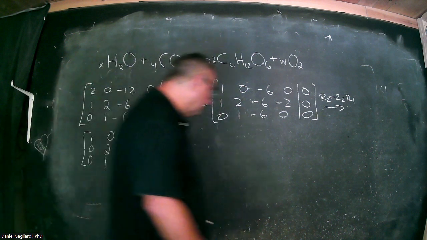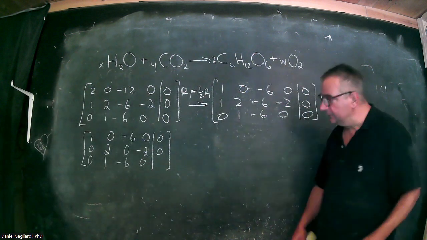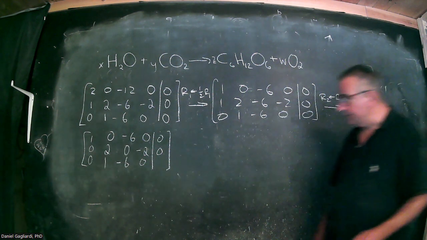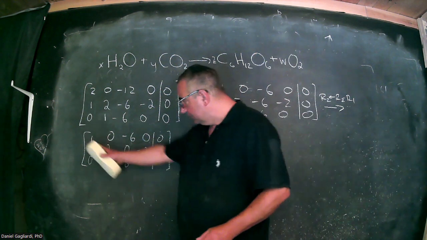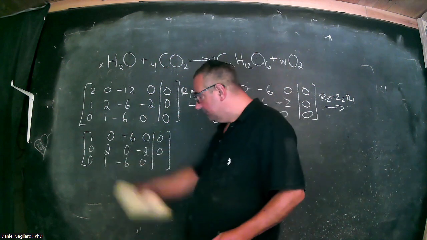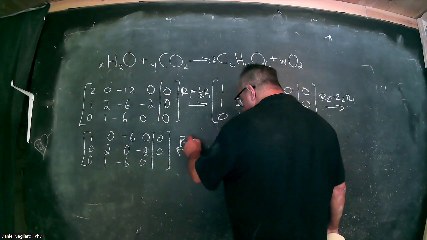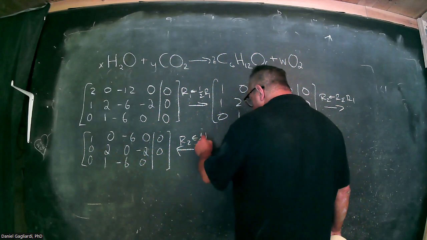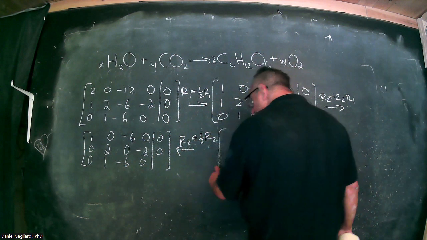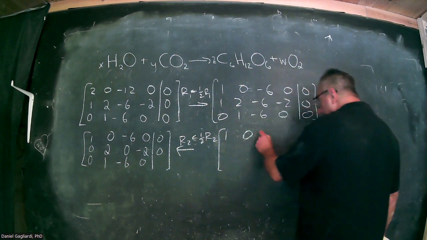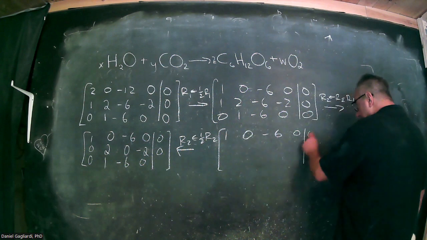All right, so now we want a leading 1 in the next staircase position. So it looks like we can get that by dividing row 2 by 2, right? So row 2 gets replaced with 1/2 row 2. Okay, good. So we have 1, 0, -6, 0, 0.